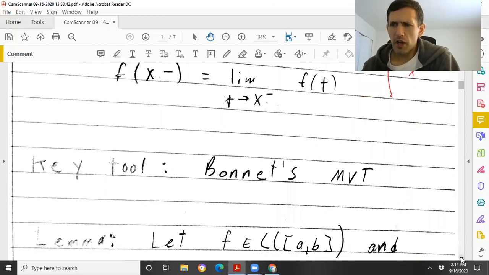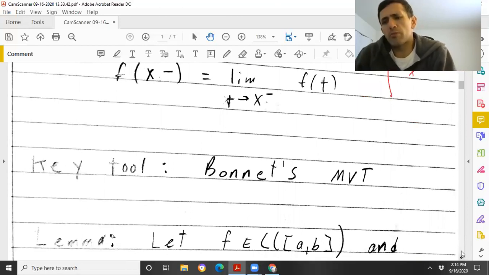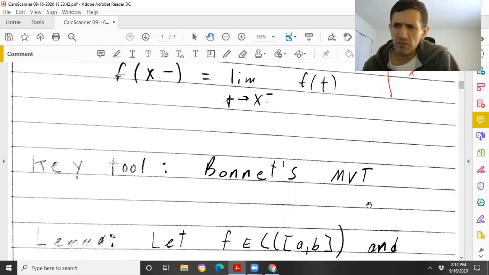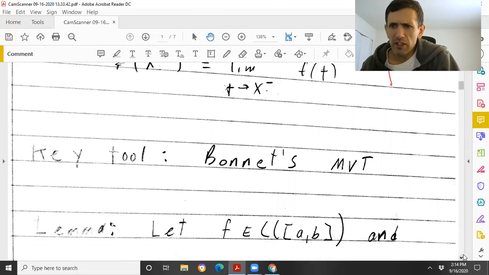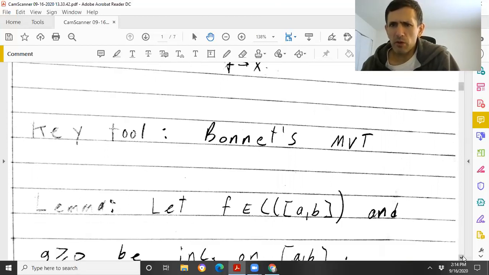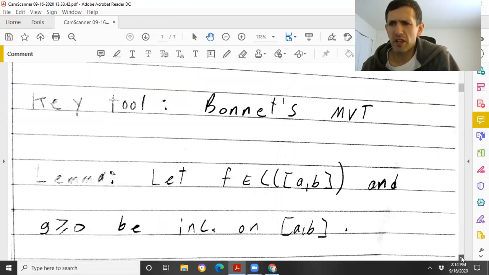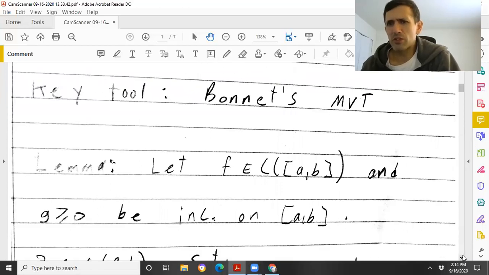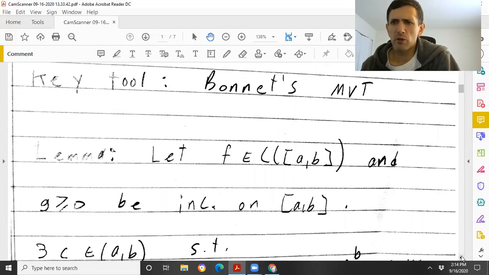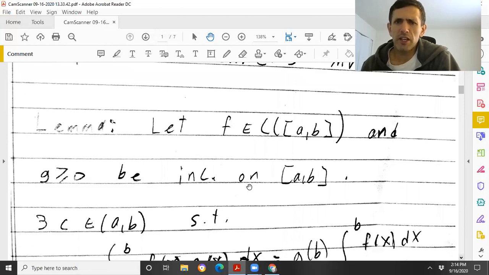All right, so the key to the proof of Jordan's theorem, which I should say was proved, I think, around the 1870s, is what's called Bonnet's mean value theorem. Okay, and it's a bit of an obscure result. I think the only use of it is for Fourier series, and particularly in proving Jordan's theorem. So let's say f is continuous on a closed interval a to b, and let's say g is increasing on a to b.